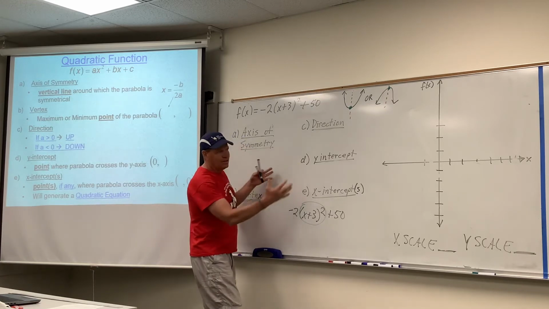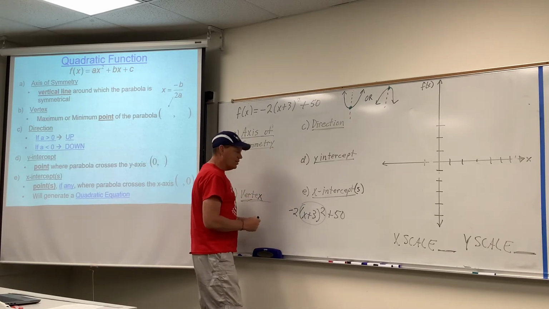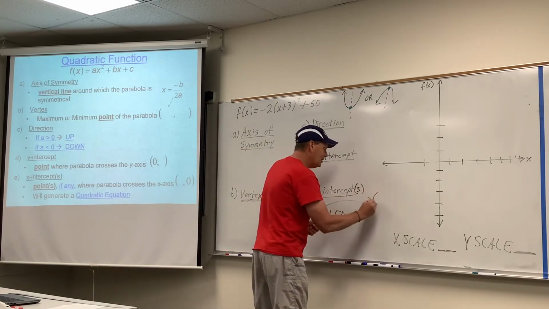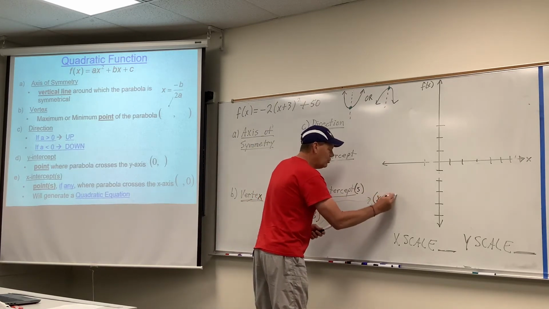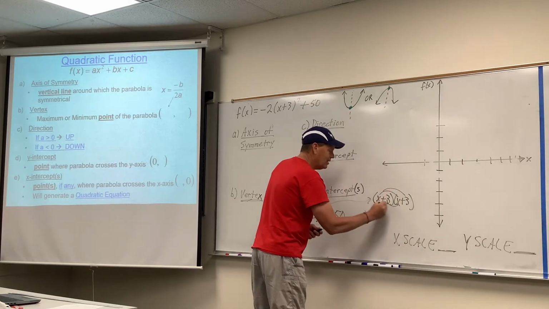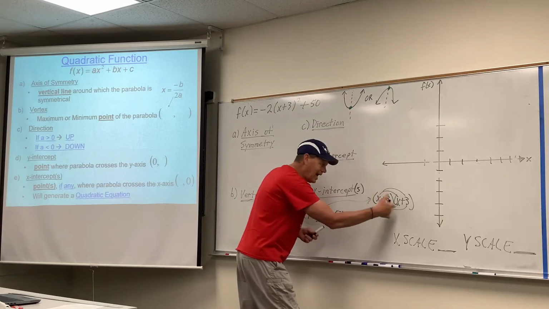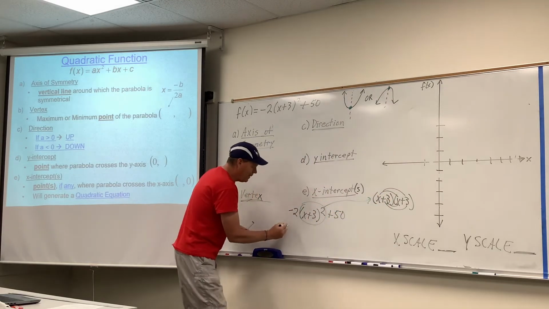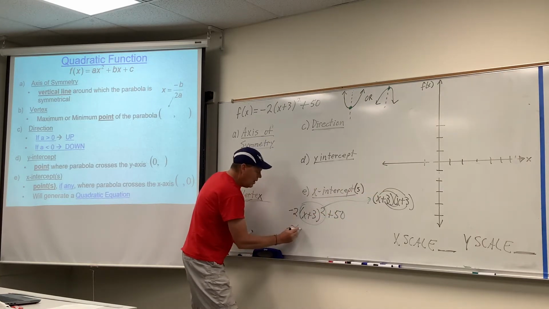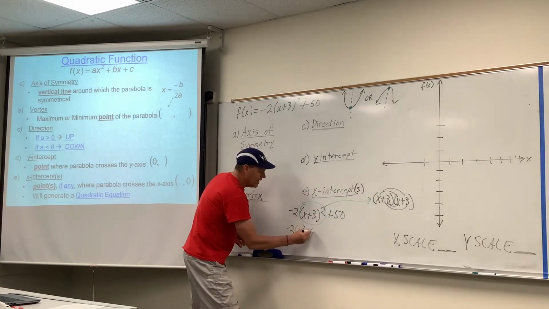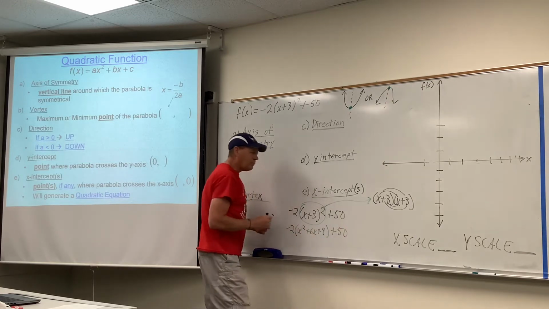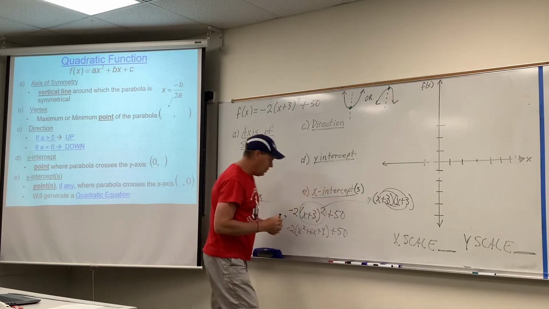I apologize for the fact that the board space is so cramped here, but that quantity x plus 3 squared, you'd write it out twice, and yes, I'll say the word FOIL it. If we distribute that out, we would get x squared plus 6x plus 9, all right? First, outer, inner, last, combine like terms.